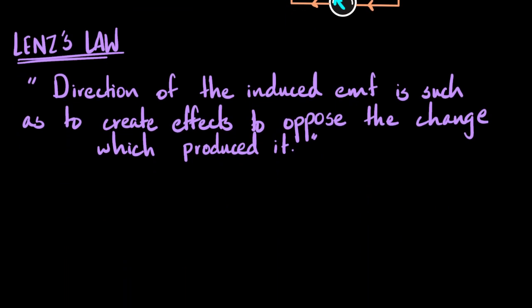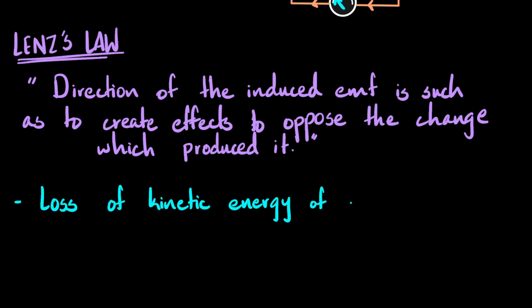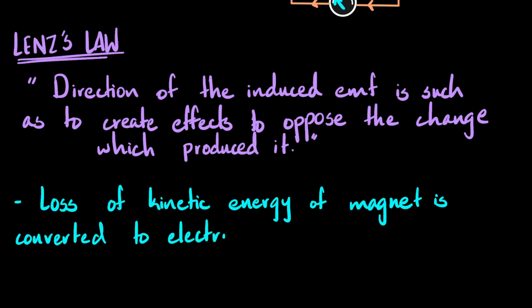Let's also write the idea about the conservation of energy we were just talking about. What we just talked about was that the loss of kinetic energy of the magnet, because in both cases the magnetic force is such that it is going to oppose however it's moving, is converted to electrical energy in the coil.